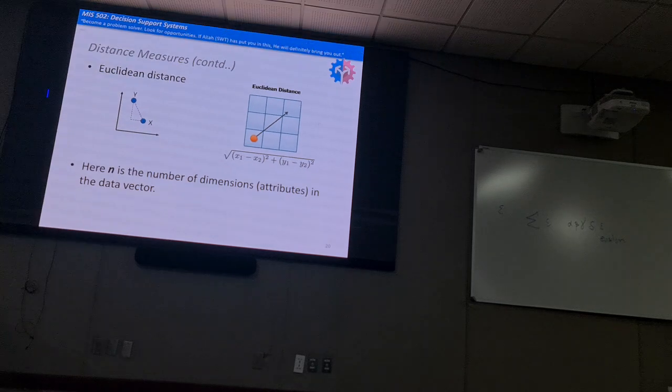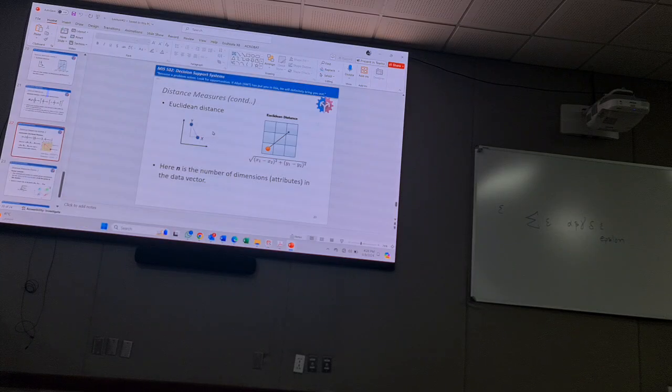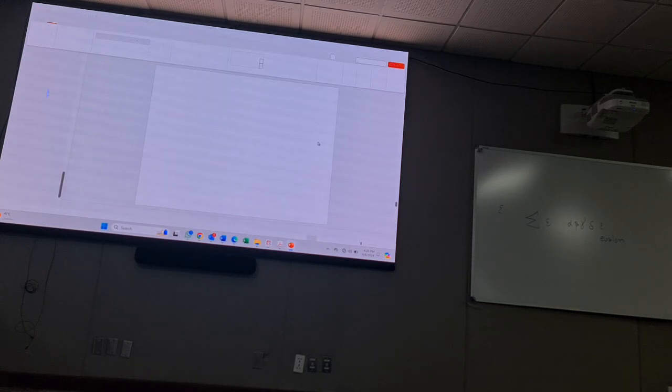And Manhattan is absolute value. Just remember this very well. When I say we have to take distances, I'll be asking you to use either Euclidean or Manhattan. So let us go back and talk about the partitioning method.